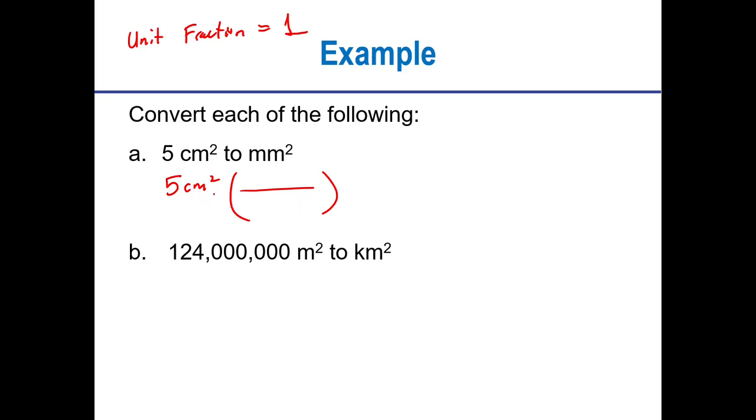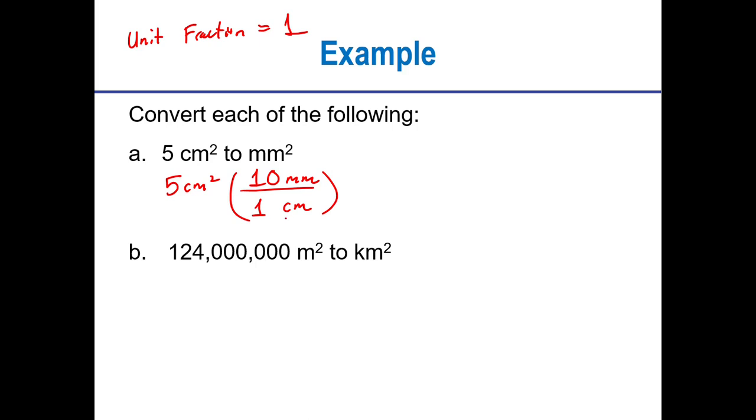I want to multiply 5 centimeters squared by a unit fraction here. I want to cancel out the centimeters, so I'll place it down here. Now I want to cancel out centimeters squared, but this is just centimeters, so we're going to have to square the top and bottom of this fraction. Now I know 1 centimeter is equivalent to 10 millimeters. Now how do I know that?